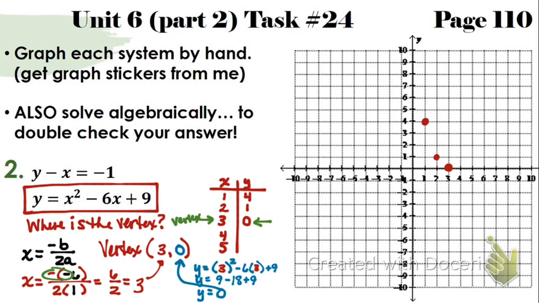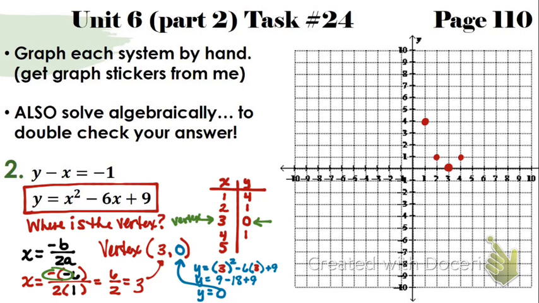What's 4 squared? 16. 16 minus 6 times 4. There's the 24. What's 16 minus 24? Negative 8 plus 9. 1. There's the first repeated value that we expected to see. So we have an ordered pair of 4, 1.